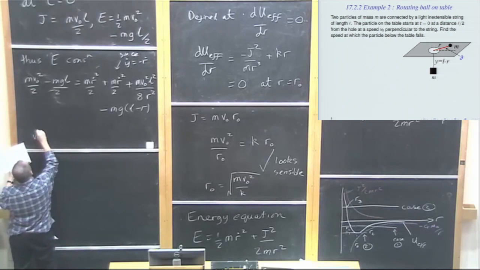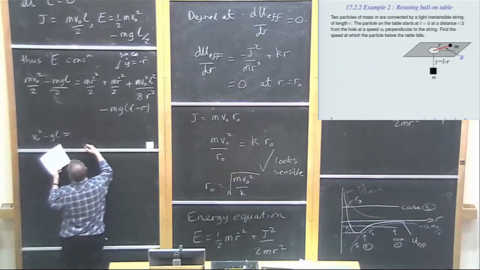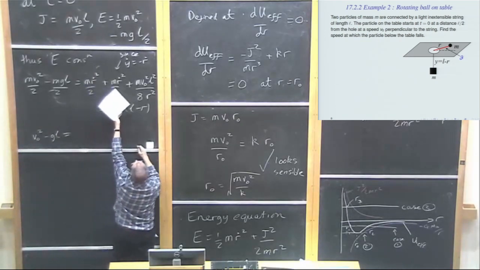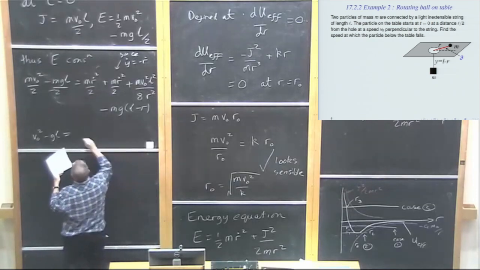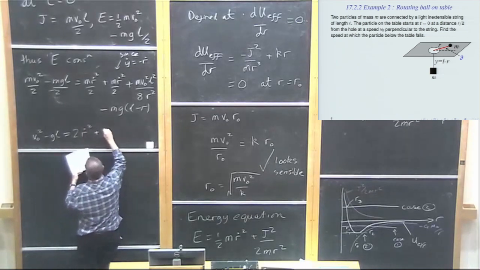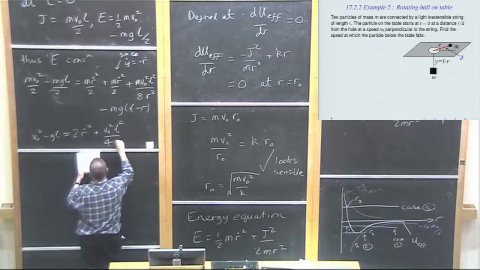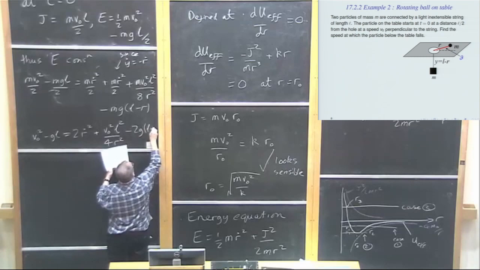We have v naught squared minus g L equals, I get just an m r dot squared from adding these, but I'm dividing by m and multiplying through by 2, so 2 r dot squared plus v naught squared L squared over 4 r squared minus 2g (L minus r).